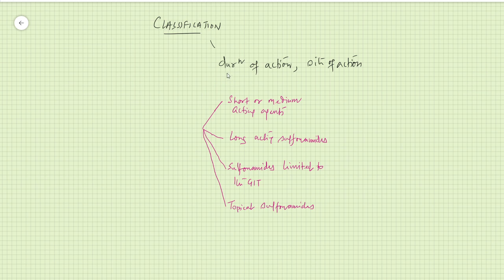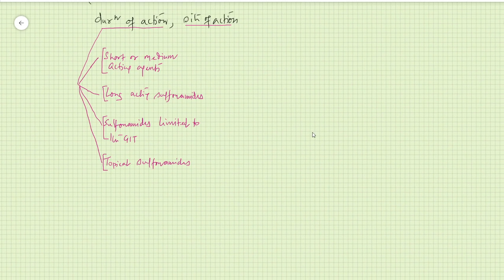So based on the duration of action and the site of action, we classify sulfonamide drugs as short acting or medium acting, long acting, sulfonamides limited to the GIT, and topical sulfonamides. Okay, let's look at them in some detail.